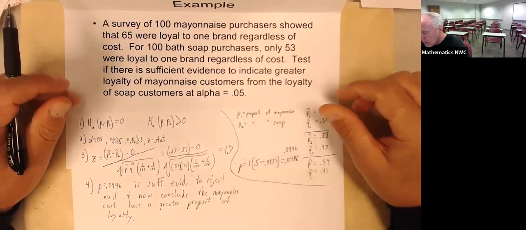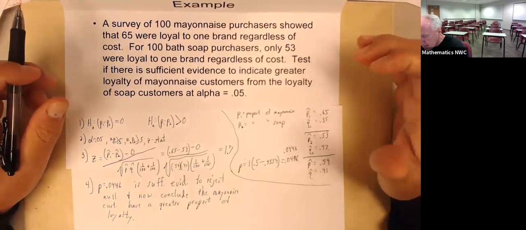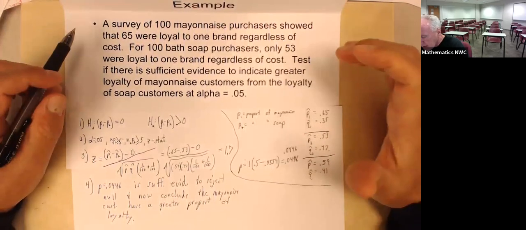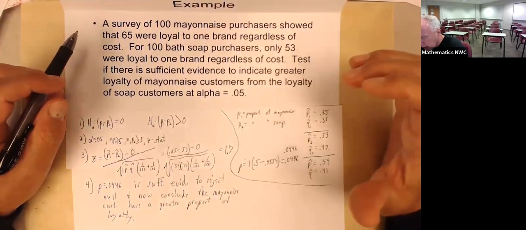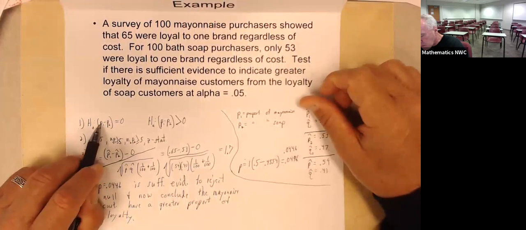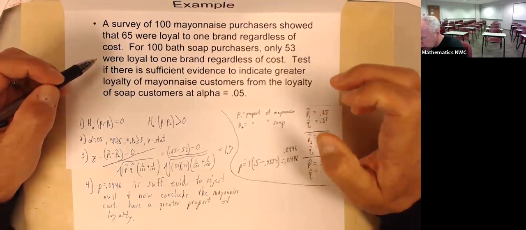The next example I wanted to do, because when you're taking the test this coming Friday, it is really, really easy to get uncertain. Am I talking about the difference between two populations, or am I talking about a single population? Here's the easiest way to make that decision.